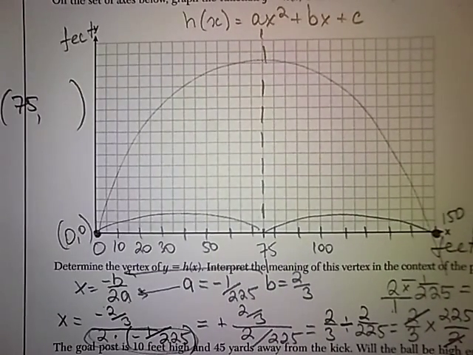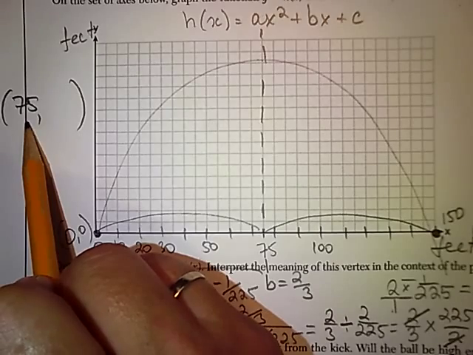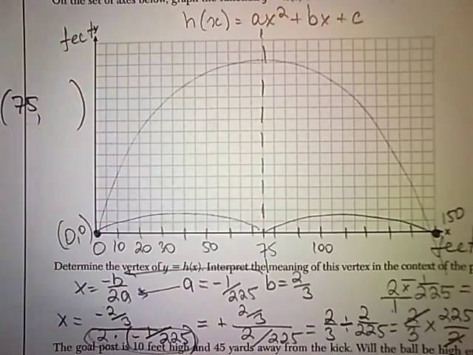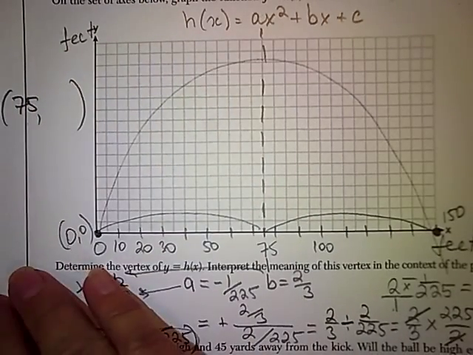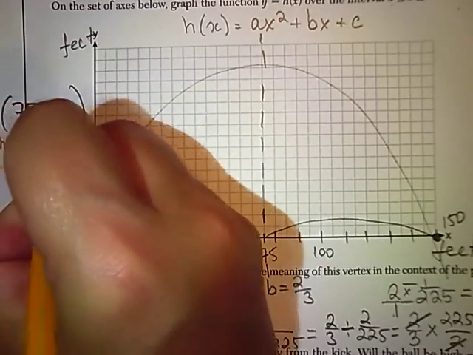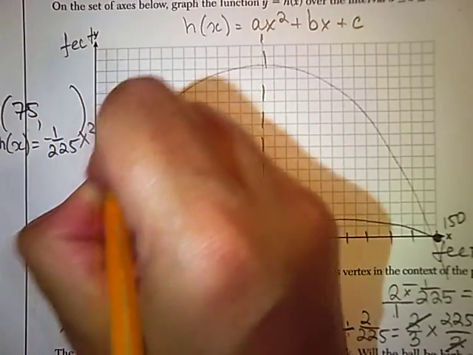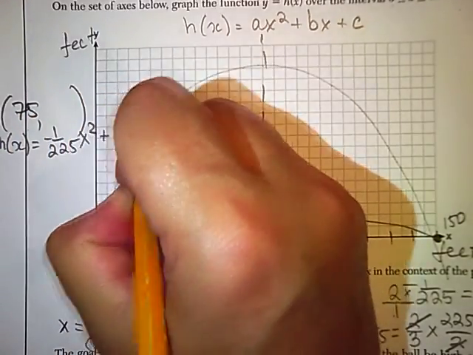To find the y-coordinate of the vertex, all I need to do is plug the value of x into the formula. So let me rewrite the formula. h of x is negative 1 over 225 x squared plus 2 over 3 x.